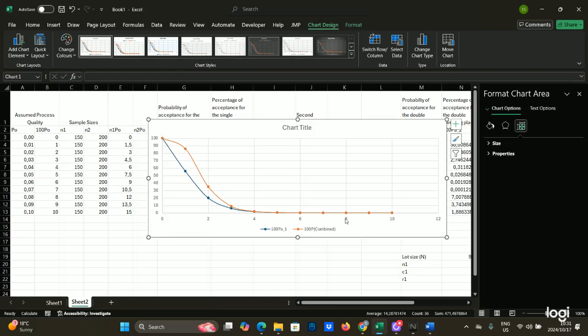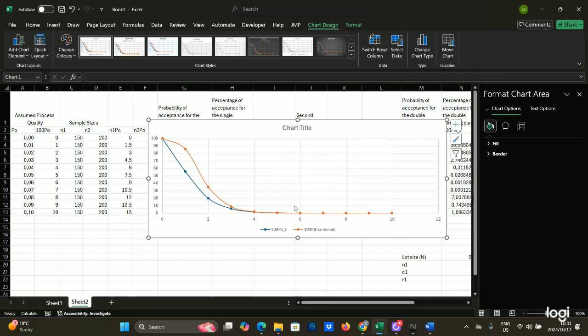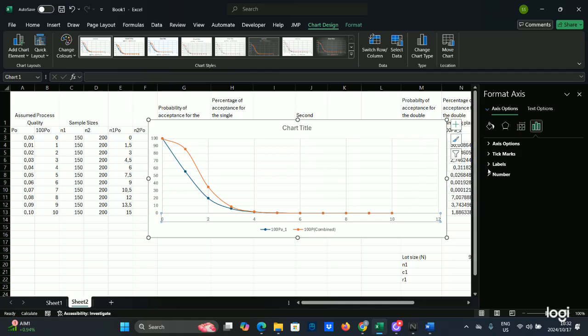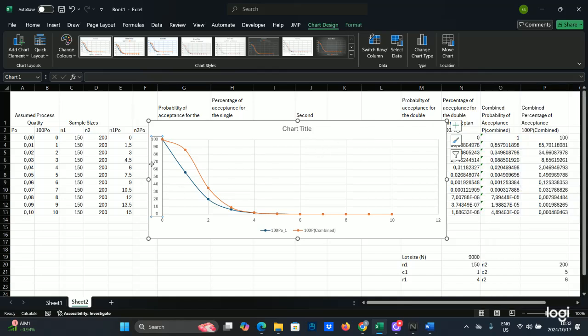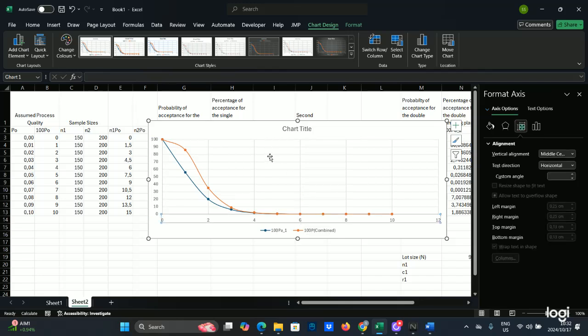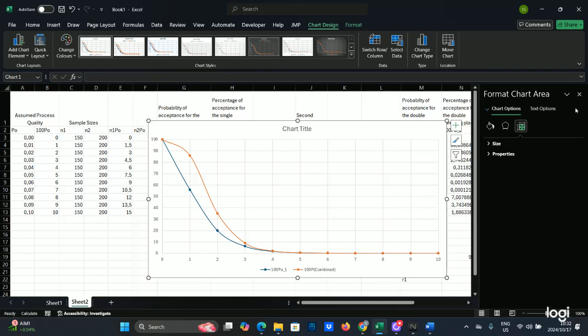And then here our x-axis, so now you just click on your x-axis, and since your graph ends at 10, you reduce it back to 10, right? And then you have your smooth OC curve.